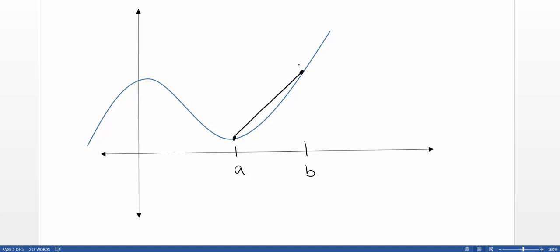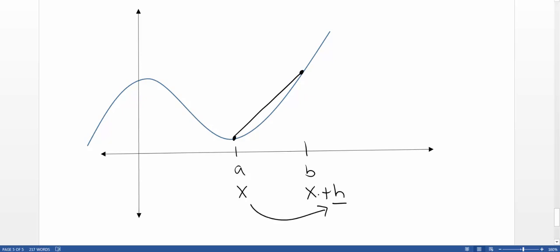We don't have to use a and b. We could use c and d. We could have used f and z, right? These are just letters to represent two endpoints. So we could call one of them x and the other one x plus h. So it's the x value plus some amount, meaning that it's to the right.